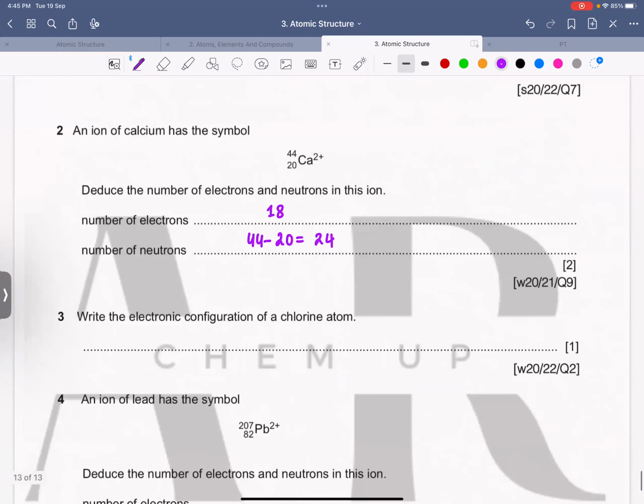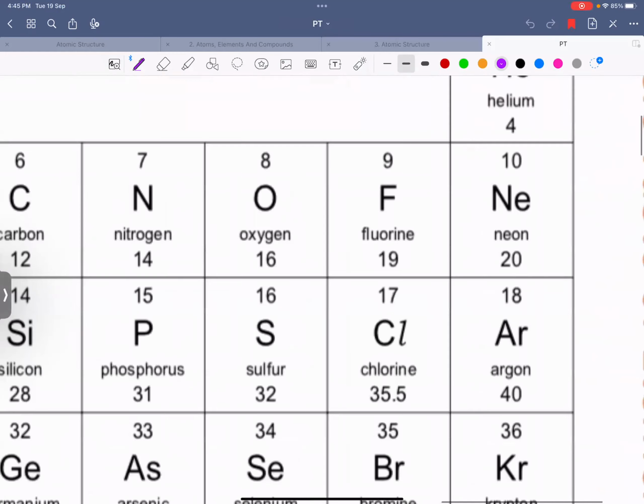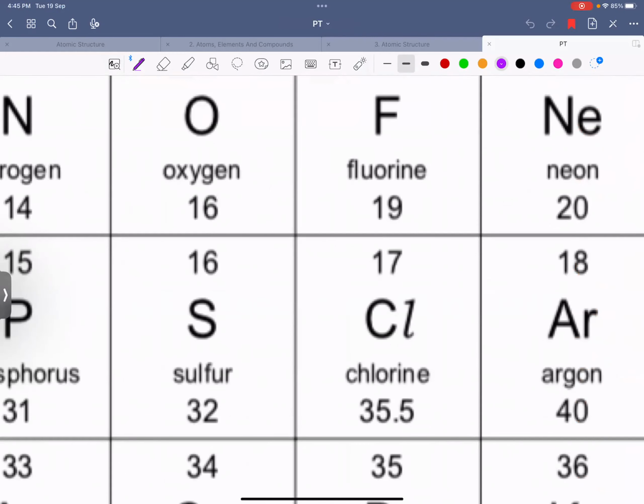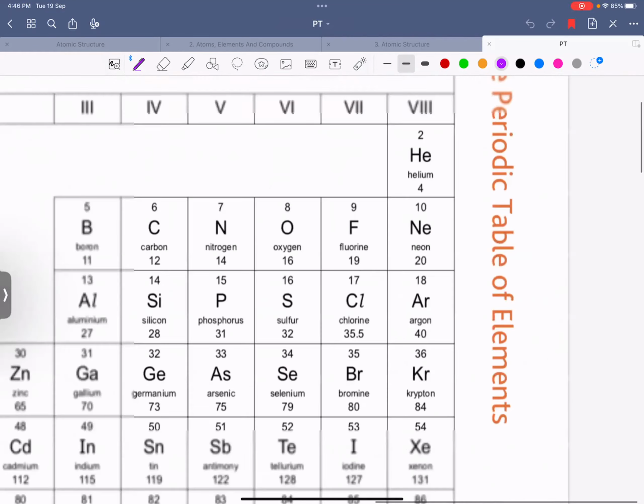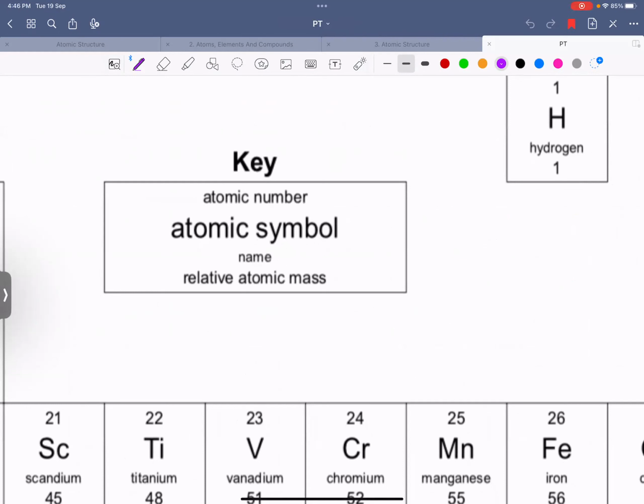What is the electronic configuration of a chlorine atom? They didn't tell you anything over here, so you have to look into the periodic table. How many protons does a chlorine atom have? 17. The smaller value is the proton. And if you have any confusion while looking at the periodic table, you just look at the key over here. That is always provided with the O levels periodic table.